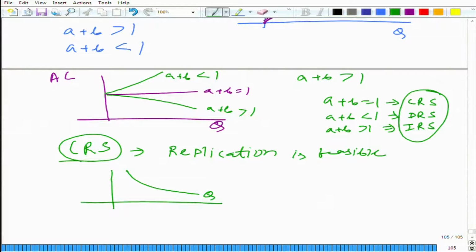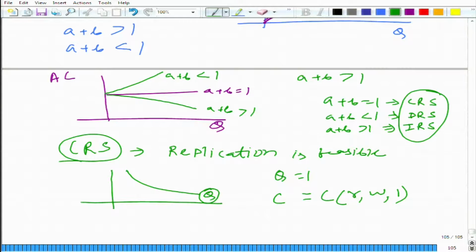Fine, and you want to produce this q amount of output, or let us start with q is equal to 1 amount of output. Okay. So, the cost of producing 1 unit of output will of course depend on the input prices, and the input prices in our case are R and W.